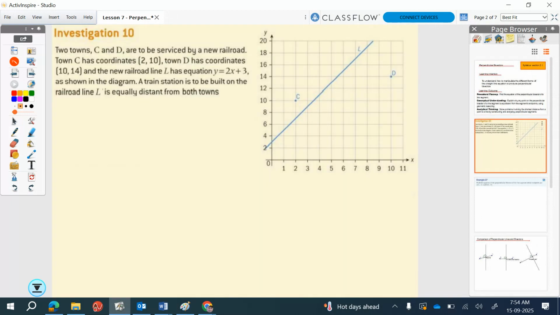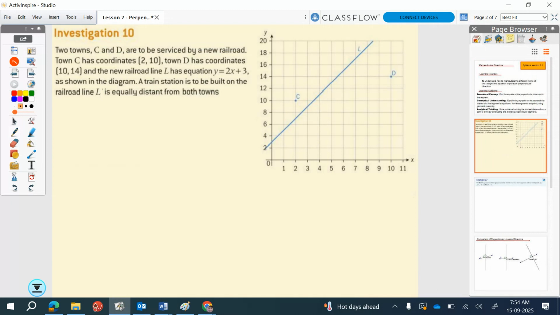So we started off first with a bit of an investigation, trying to come up with a problem that we can solve and see if we can find our way through it. So we have two towns, C and D, and they're to be serviced by a new railroad. Town C has the coordinates 2, 10, we can see it here in the diagram, and town D has the coordinates 10, 14, and the railroad roughly follows the equation of a straight line, y equals 2x plus 3.